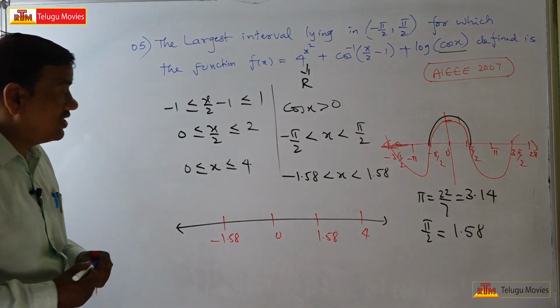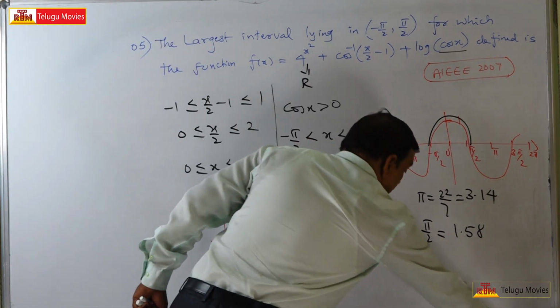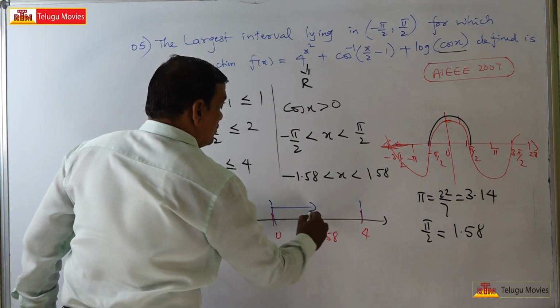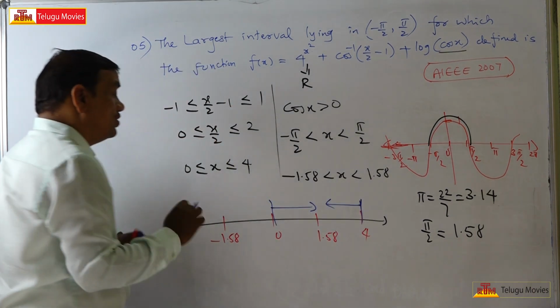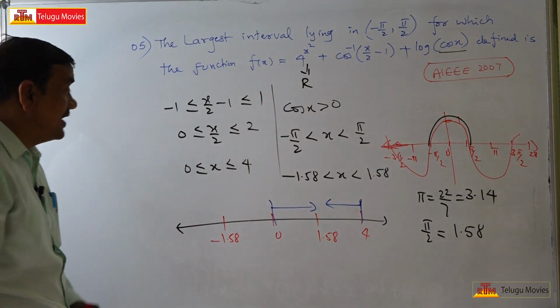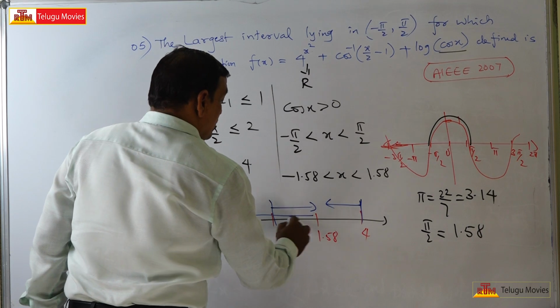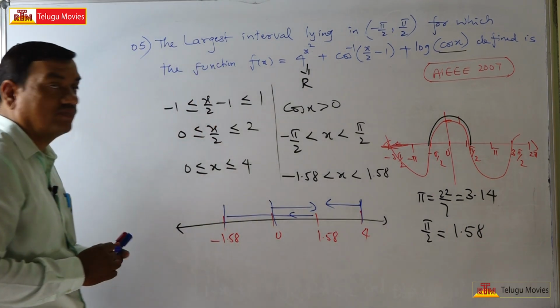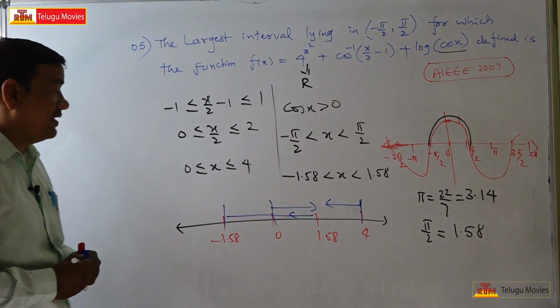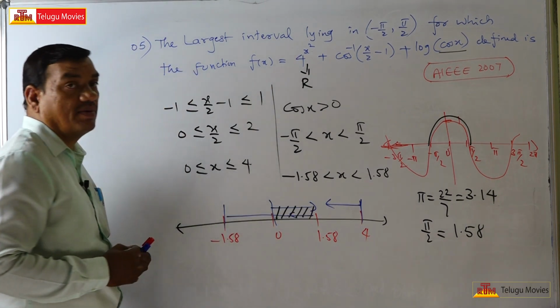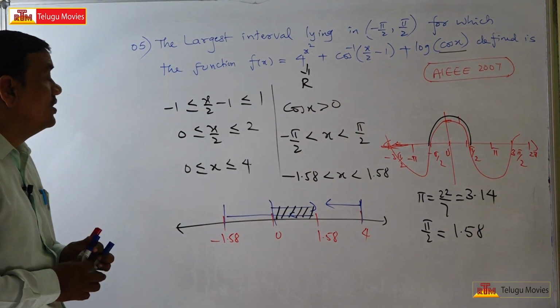Now the first interval is x lies between 0 and 4, including 0 and 4. The second interval is x lies between minus pi by 2 and plus pi by 2. Is it not the common part? Yes, it is the common part.